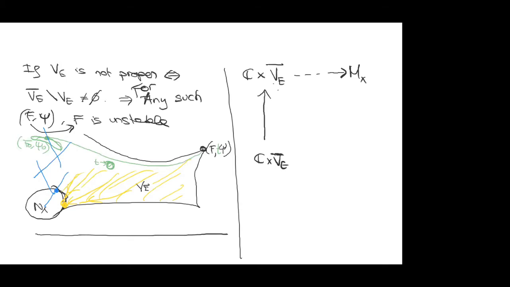So now the idea is that blowing this up produces a series of divisors in this surface. In fact, the easy way to go is to fix a curve. We want a surface here. This is a curve approaching F_C from V_E, from within V_E.